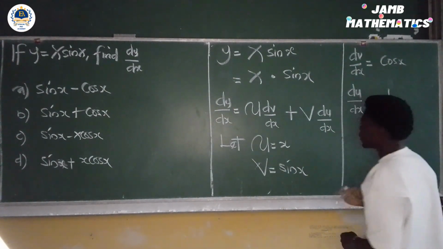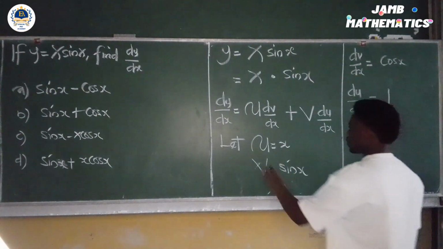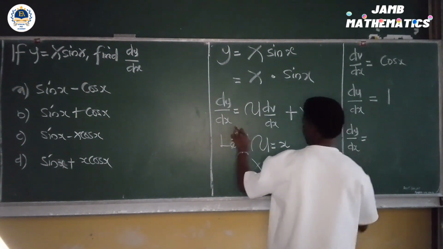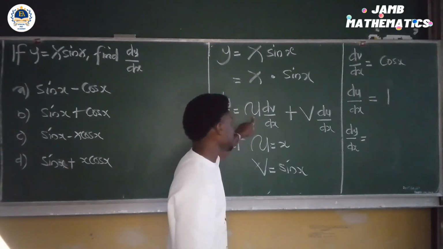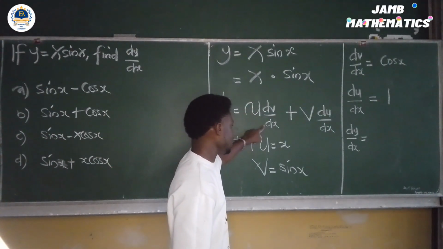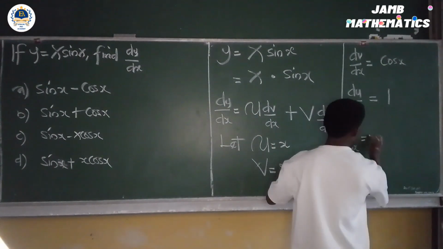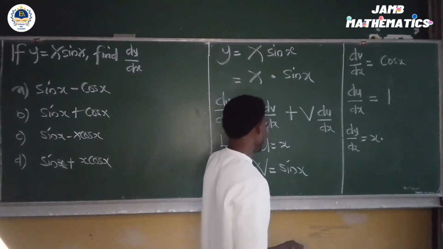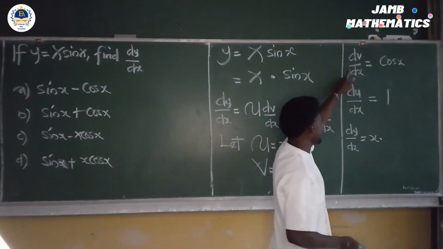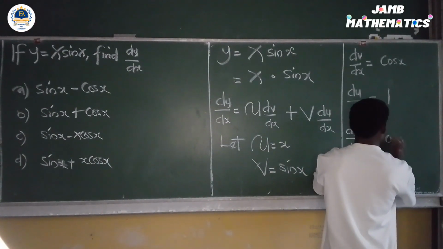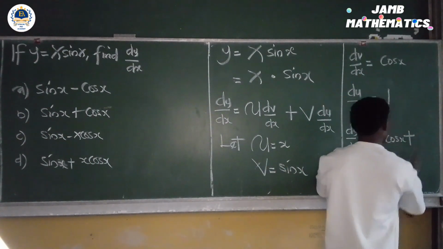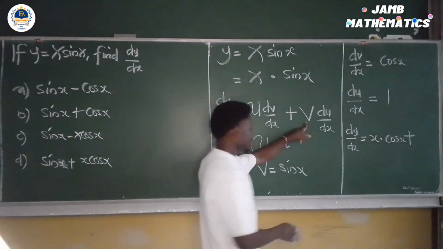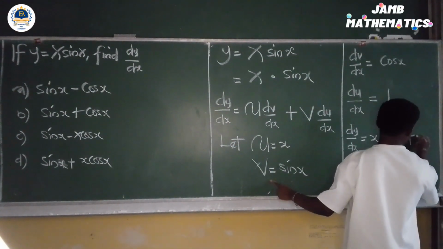So we can substitute this into the formula. dy over dx is equal to u times dv over dx, and u is x, so it will be x times dv over dx, and dv over dx is cos x, then plus v, and v is given as sine x.